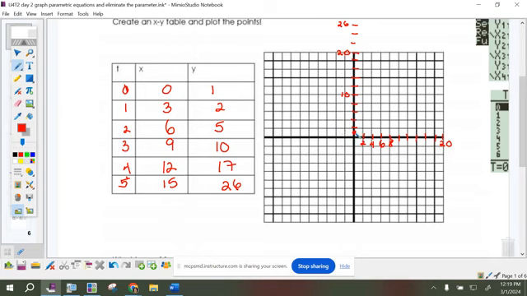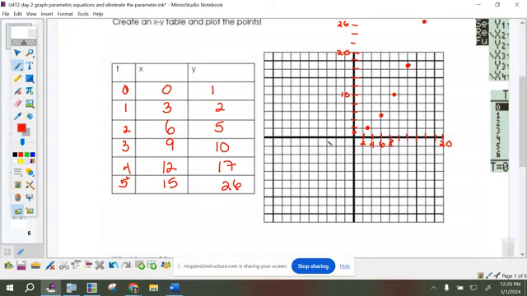So I do 0, 1, 3, 2, 6, 5, 9, 10, 12, 17, and then 15, 26.